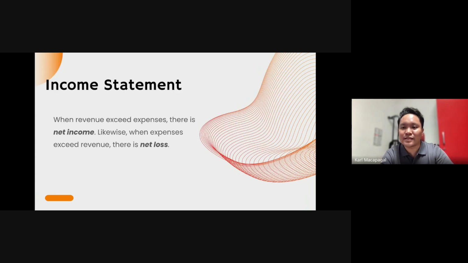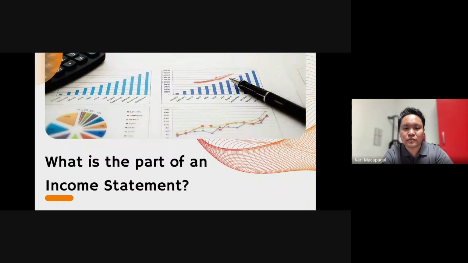If the result is positive, it is net income. If the result is negative, it is net loss. And when the result is zero, it is break even. Break even means zero profit, zero loss. Anything above the break even point will result in income, while anything below the break even will result in net loss.